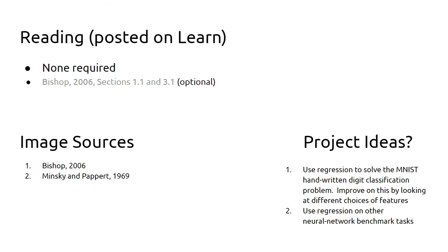And then, of course, there's a little bit of hand designing you can do, saying, okay, what if we change the choice of features? And exploring that. Cool. So that would be some possibilities.